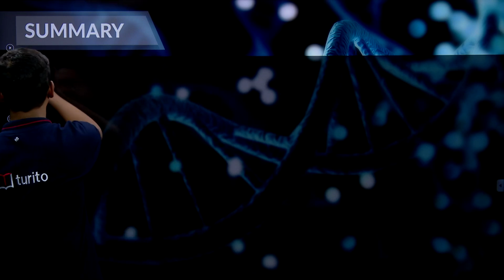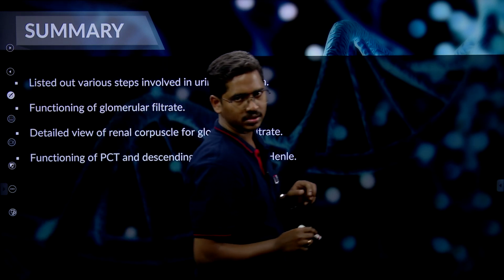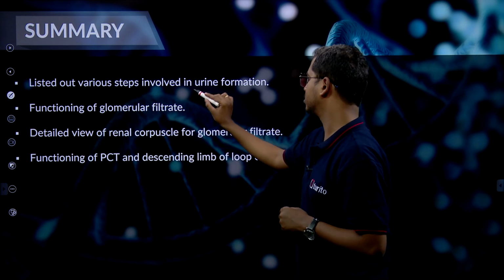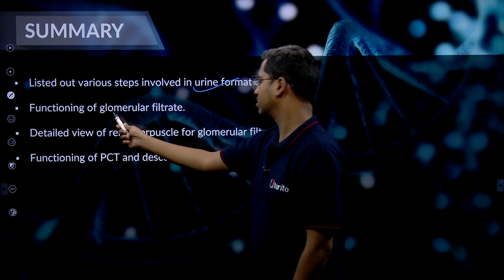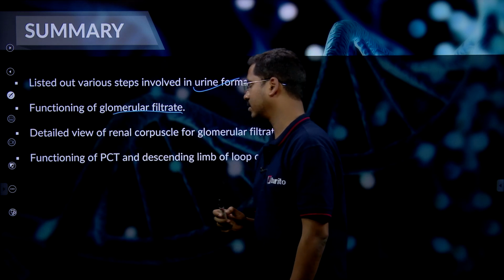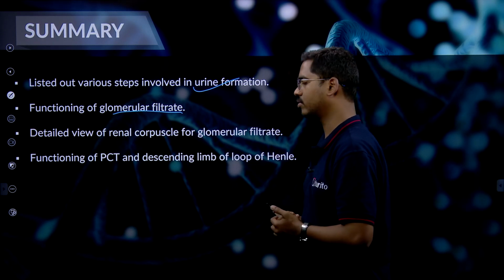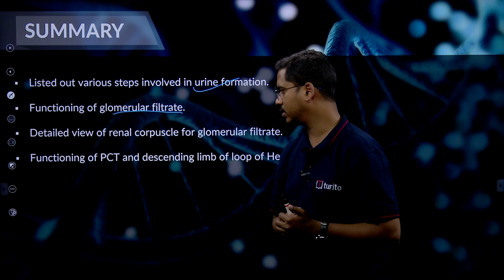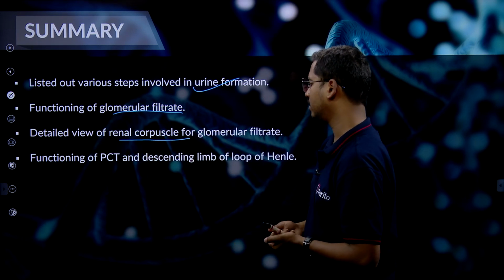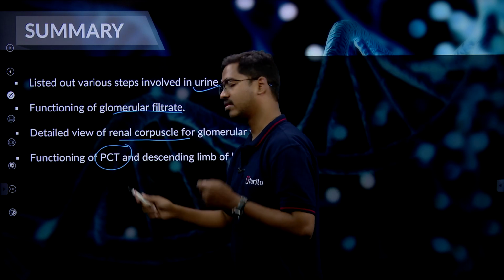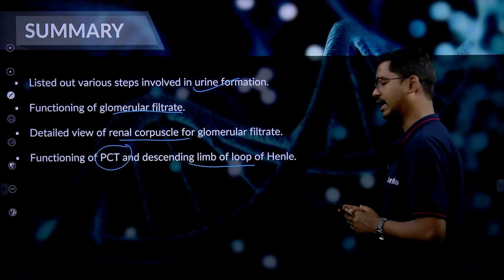So, here we have the summary for us. Let us have a look. In this session we listed the various steps involved in urine formation, followed by the functioning of the glomerular filtrate. It was filtered by the glomerulus, and we saw how that filtrate helps us form the urine. After that we had a detailed view of the renal corpuscle, and then we looked at selective reabsorption by the PCT and the descending limb of Henle's loop.